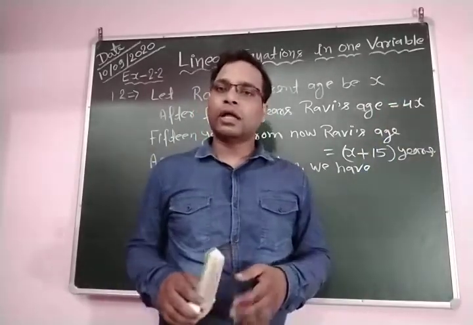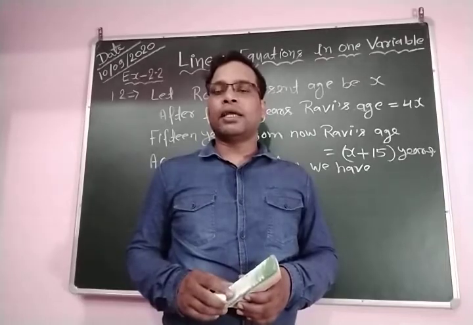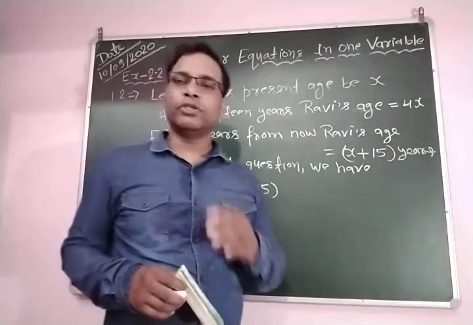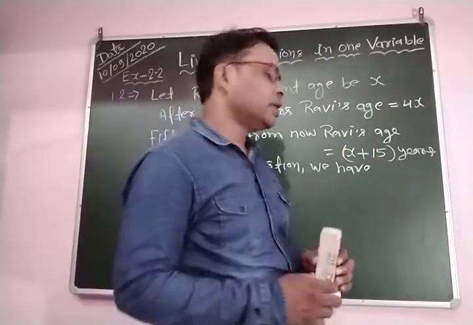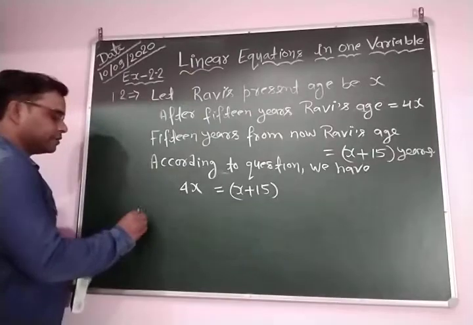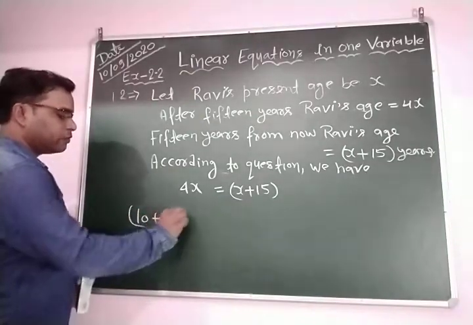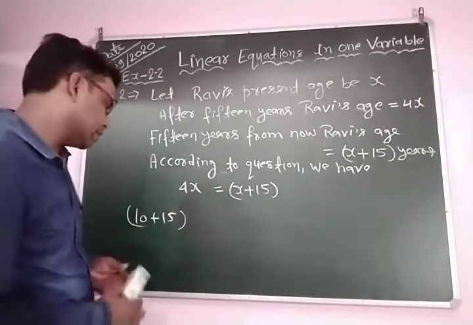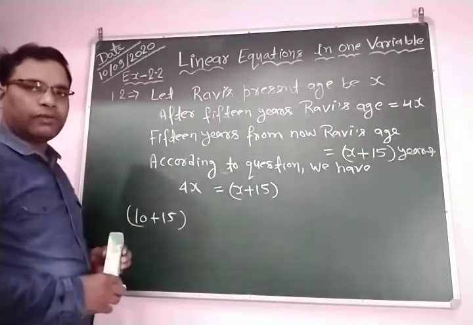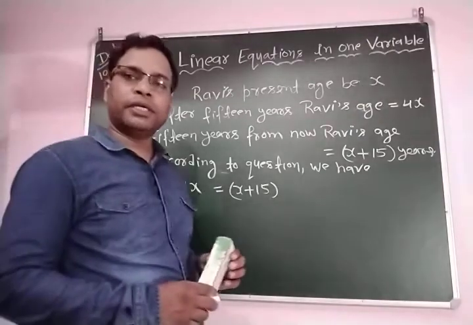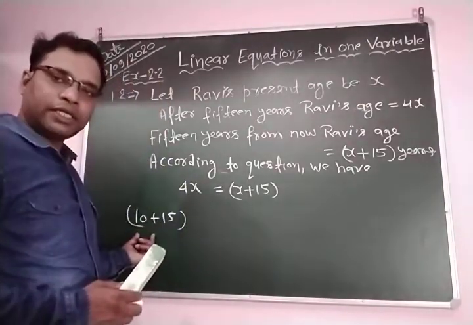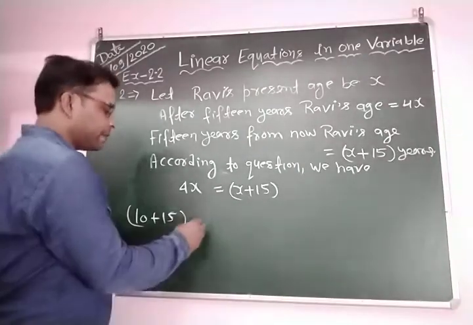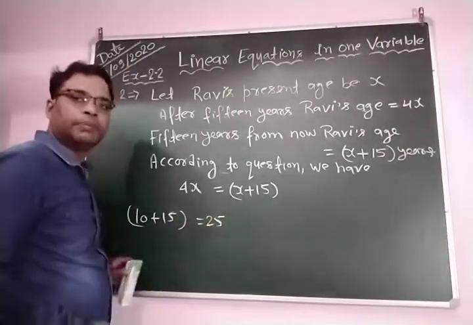Now again we can find Ravi's age after 15 years, which is equal to x plus 15. Suppose your age is 10 years, then after 15 years your age will be 10 plus 15.